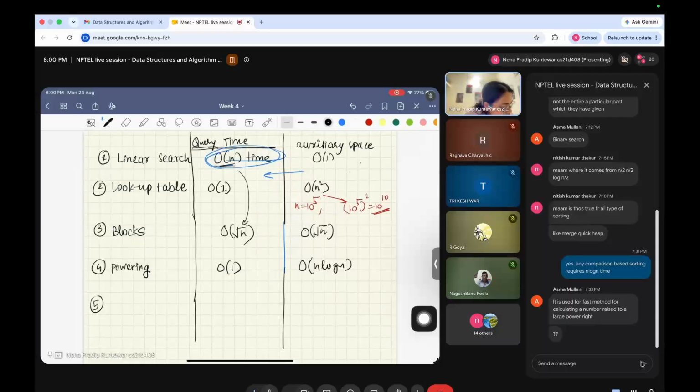The target for today would be, I want to bring the time down to order log n from order square root n. At the cost of that, I would end up spending something more. Let's say I'll do n log n. Okay, wait, sorry, it's not n log n, it should be n by log n.